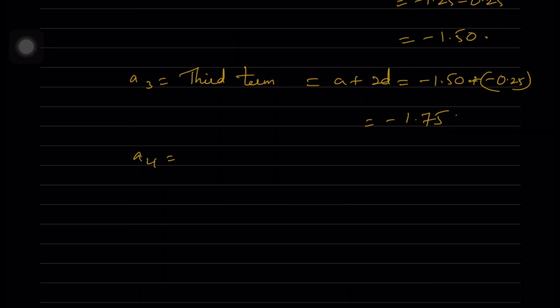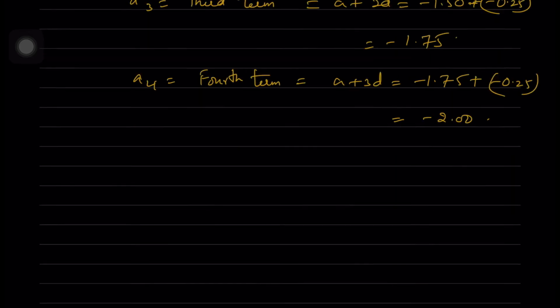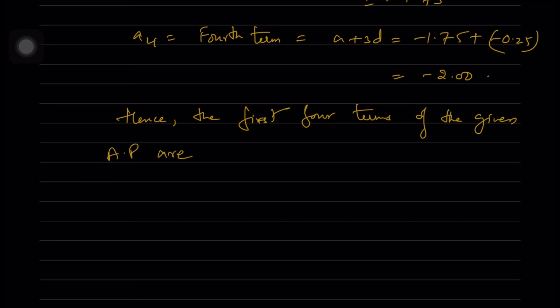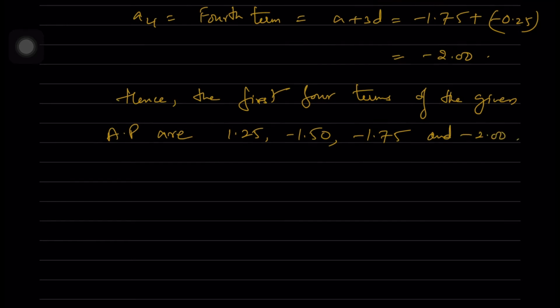Then a4 is equal to the fourth term, which is equal to a plus 3d, which is equal to minus 1.75 plus of minus 0.25, which is equal to minus 2.00. So hence the first four terms of the given AP are minus 1.25, minus 1.50, minus 1.75 and minus 2.00.